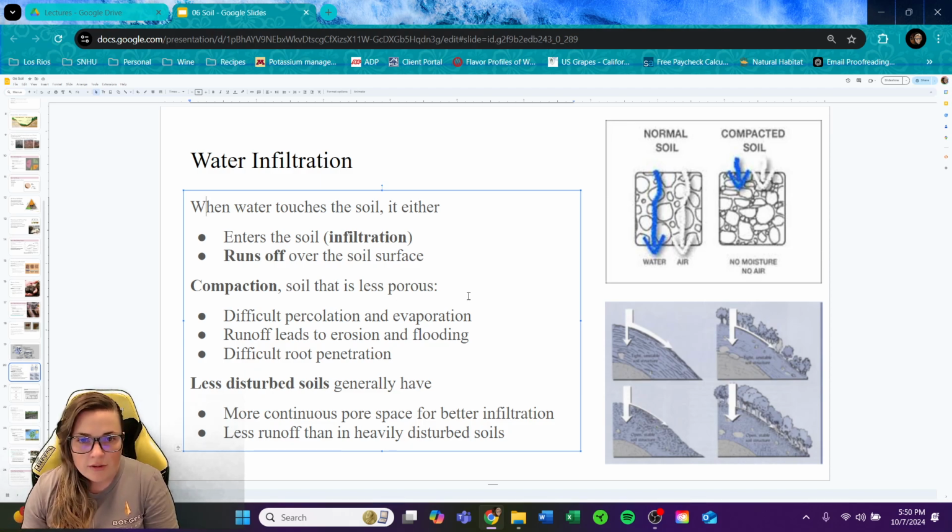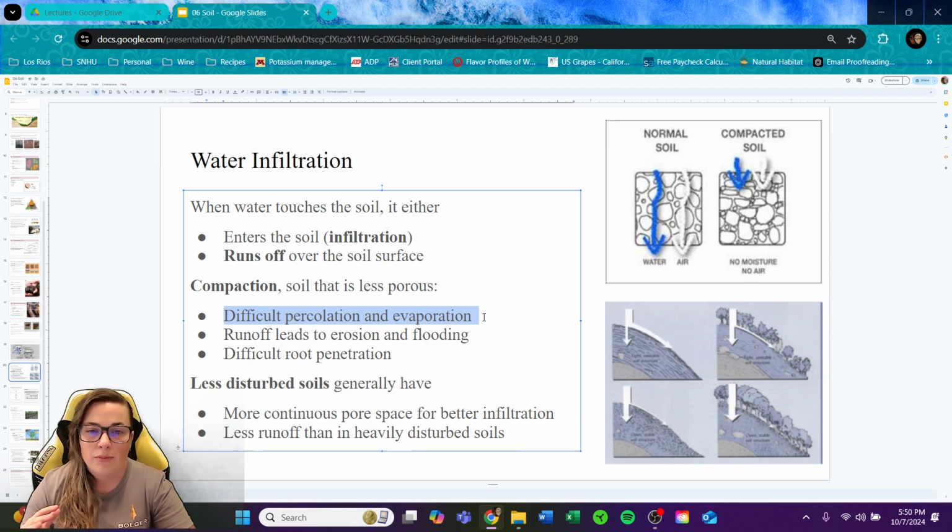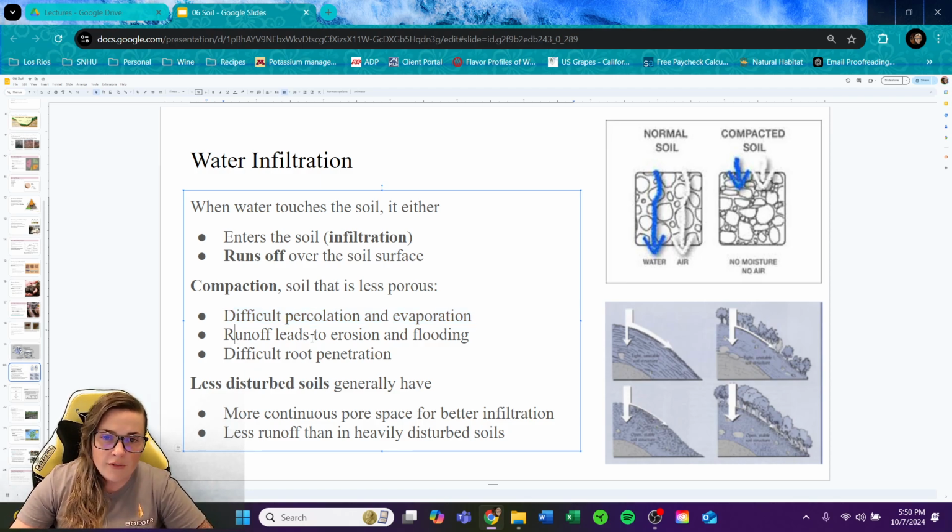Compaction could cause runoff. And so compaction is when soils have very few pores, and it's very tightly bound together. It's very compacted. This makes it difficult for percolation and evaporation. Runoff leads to erosion and flooding. Not great. It's also difficult for your roots to find their way through the soils and to establish themselves.